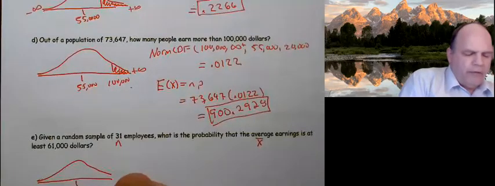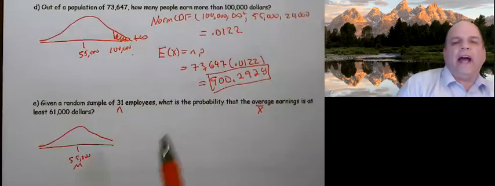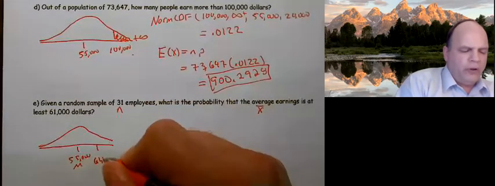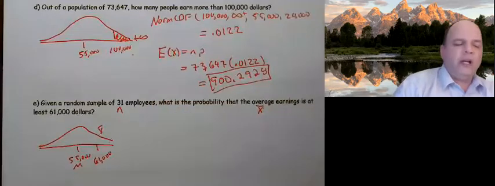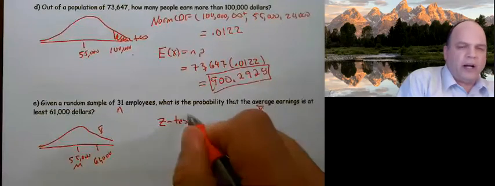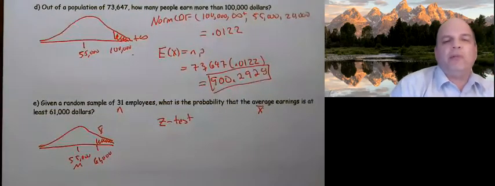Our mean is still 55,000, but instead of a singular value, we have an average, up here at 61,000. So this is an X bar. We're going to need to use a Z test this time. We could do it with a normalcdf, but it's going to be easier with a Z test.